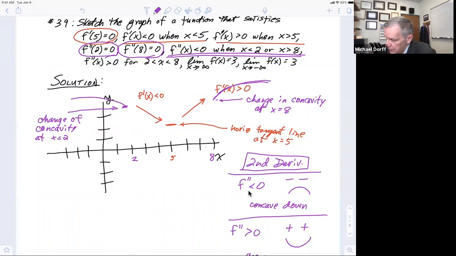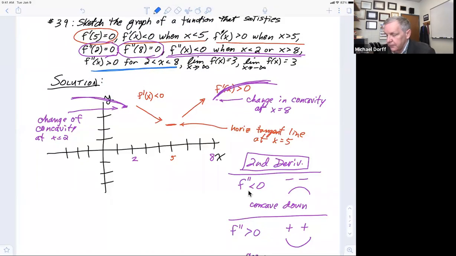Remember, earlier we know that it's decreasing for x less than 5 and increasing for x greater than 5. That's why my concave has to look like what I drew in here. All right, and then next, we use blue.